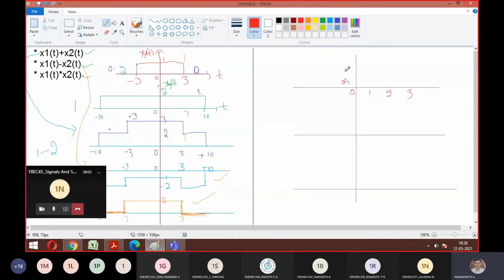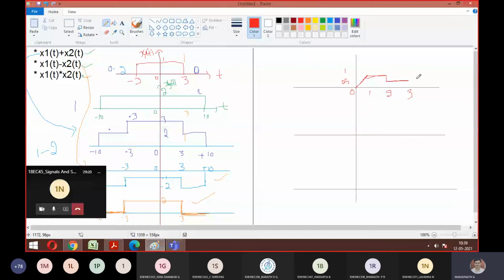Then from 1 to 2 it is kept constant. Then again from 1 to 0.5 at 2 it is dipping. Then from 2 to 3 it is kept constant. Once it reaches 3 it is going down. So this is x1 of t.